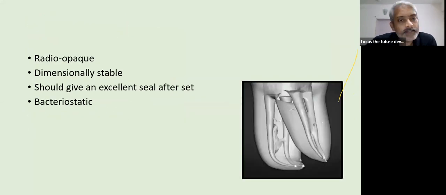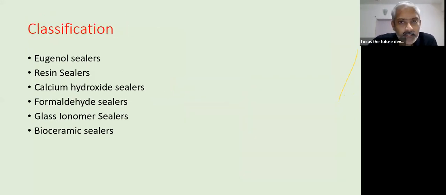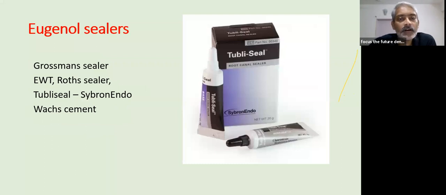To make it simple, sealers are classified as eugenol sealers, resin sealers, calcium hydroxide sealers, formaldehyde sealers, glass enamel sealers, and bioceramic sealers, and we need to know the examples of each. Among eugenol sealers, Tubli-Seal is the most important one.